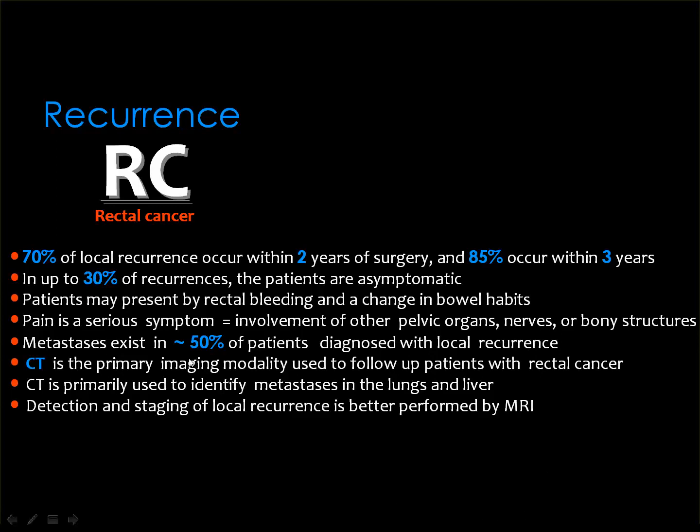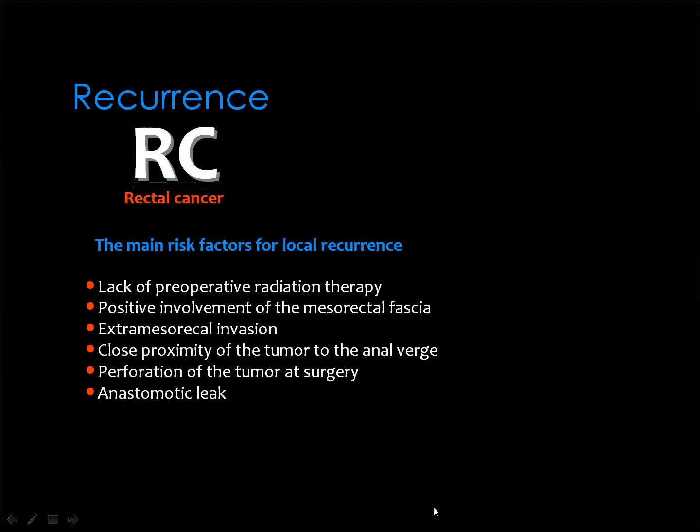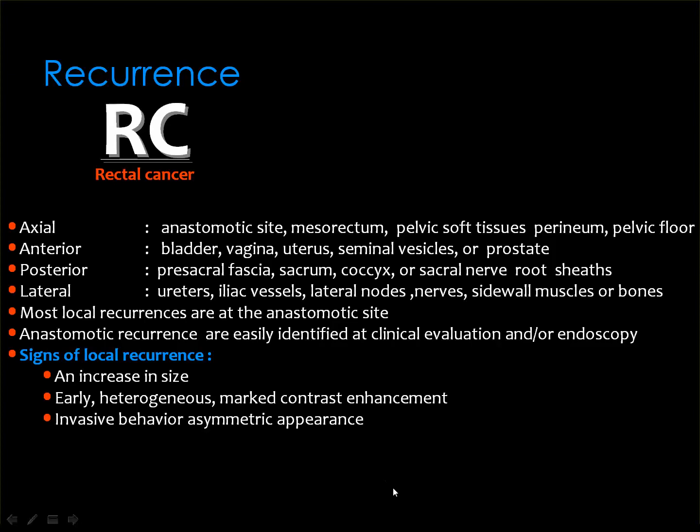And CT is the primary imaging modality for the diagnosis of distant metastases like the lung and liver, and the MRI for local staging of recurrence. Then the main risk factors for local recurrence: number one, lack of preoperative radiation, positive involvement of the mesorectal fascia, extra mesorectal invasion, close proximity of the tumor to the anal verge, perforation of the tumor at surgery, and anastomotic leak.